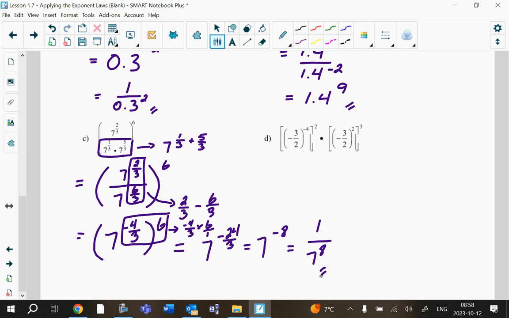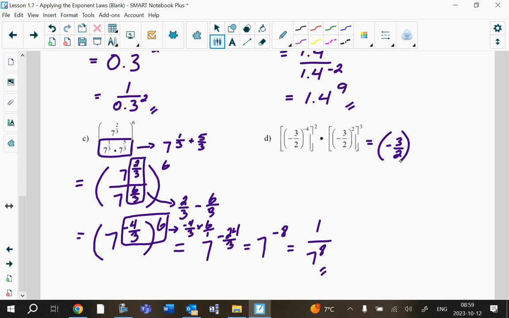Okay, this is the last one we're going to do. So I've got a power to a power times a power to another power. What do you want to do first? Do these first and then multiply after. So let's look at this here. Base stays the same, and if it's a fraction, keep parentheses.